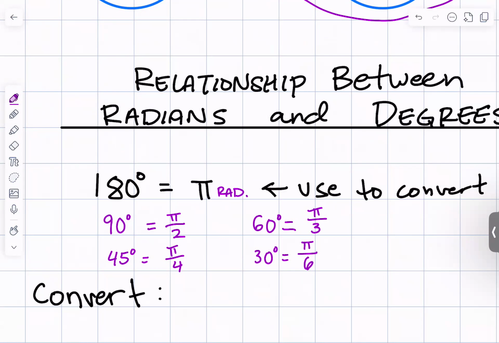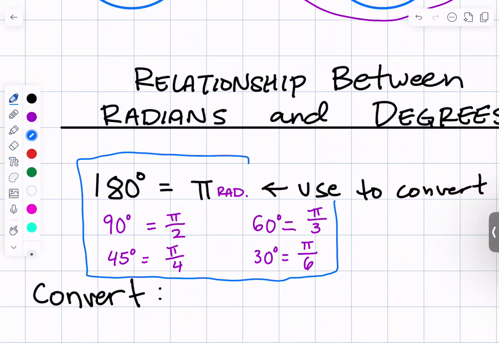It's really beneficial if you memorize these conversions. It will help you not just in this chapter, but in the next 2 chapters as we run through our trig unit.